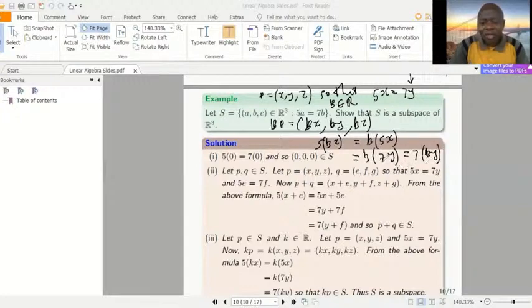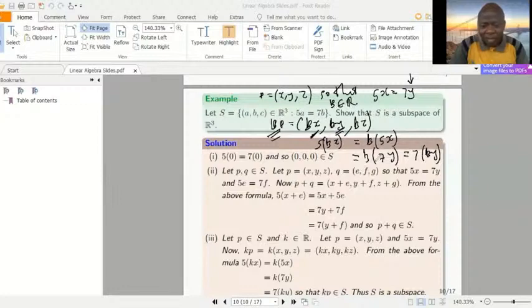Look what I've shown. I've shown that 5 times the first element here is 7 times the second element. That's what we wanted to show, that this product here is a member of S.